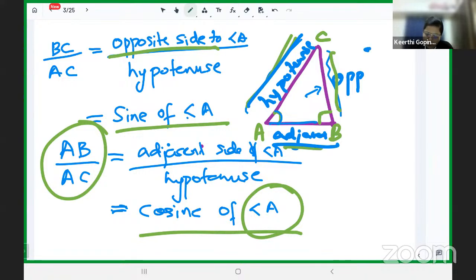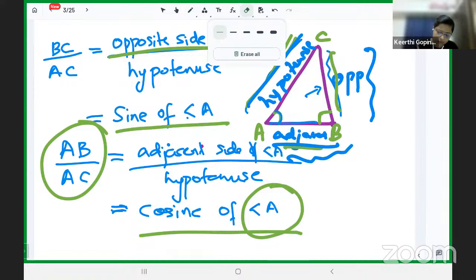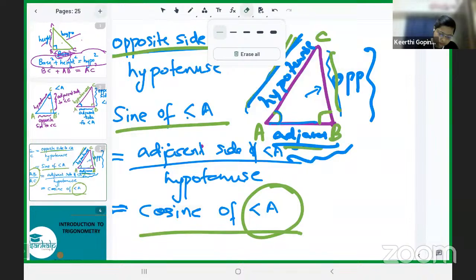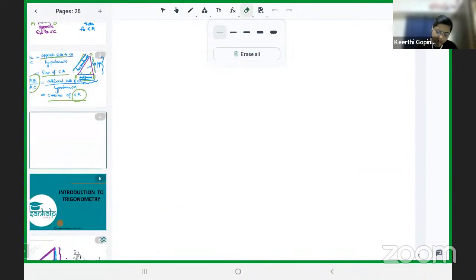There are two sides left, opposite side and adjacent side. So we can define another ratio with that.